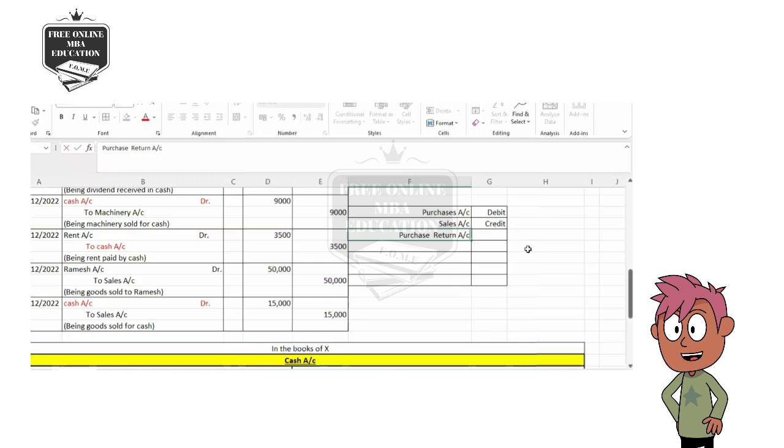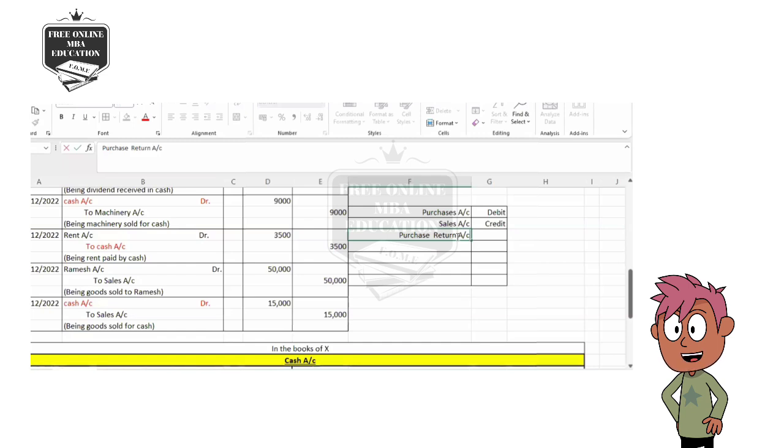For whatever the reasons, we are sending back those goods to the supplier. That means whatever we have purchased, now we are going to return this material, maybe fully or partially. So in this case, we are going to consider this as a purchase return.